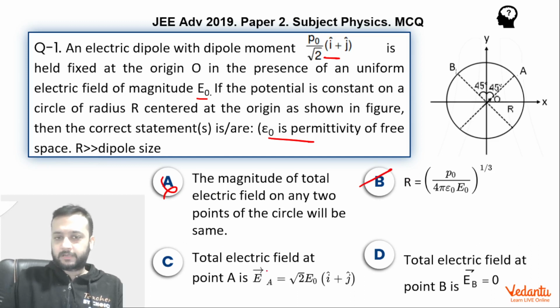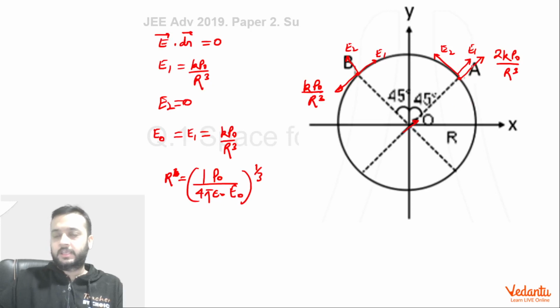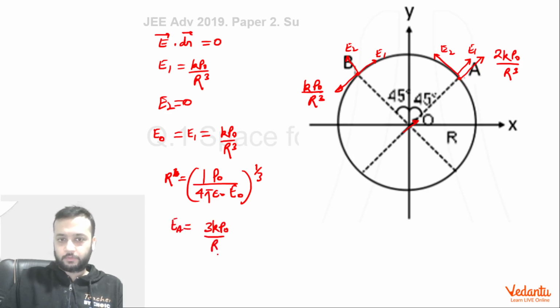If you talk about total electric field at point A, electric field E2 is 0, E1 is this E naught itself, whose value we already know, Kp naught by R cube. So E1 plus this. So actually electric field at point A is 3 Kp naught upon R cube, or 3 E naught, right?